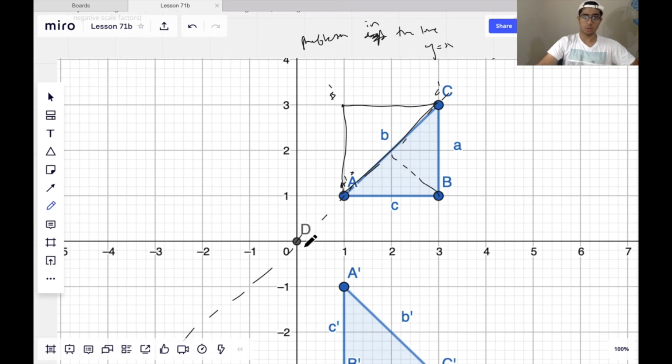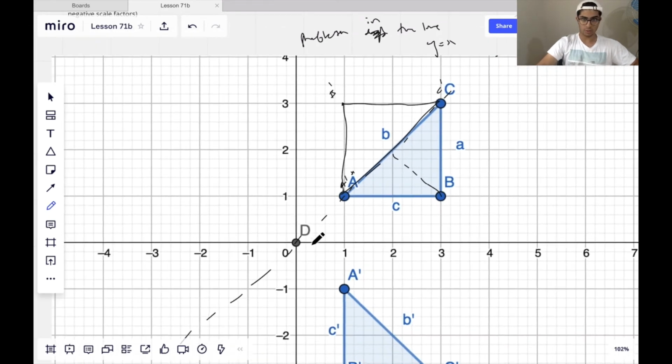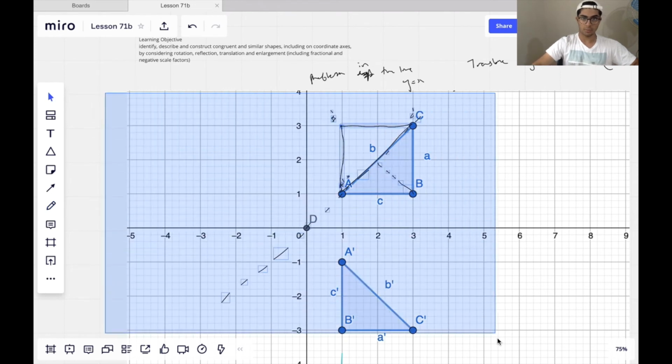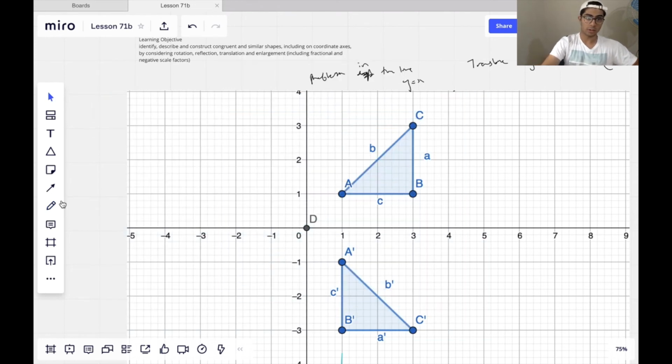So maybe if we were to do an even harder one, just to solidify the thing, we're doing a reflection in y equals minus x, which is this line here.